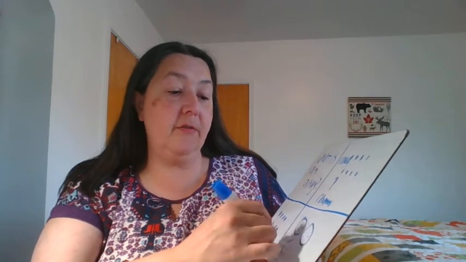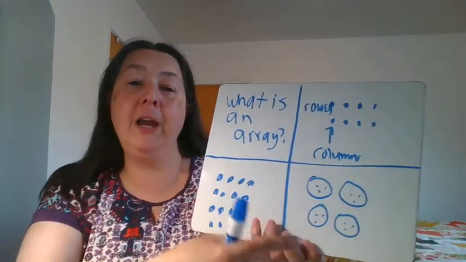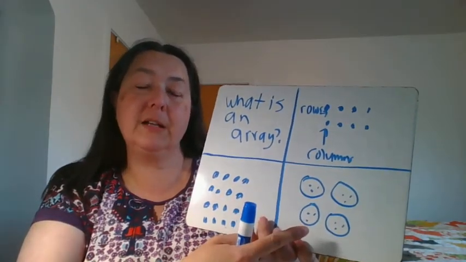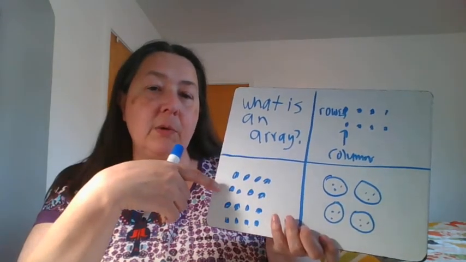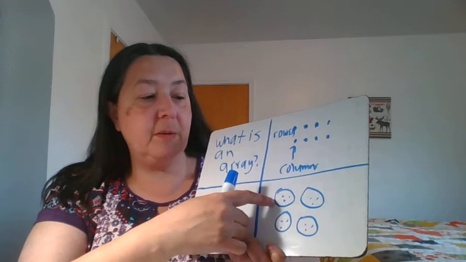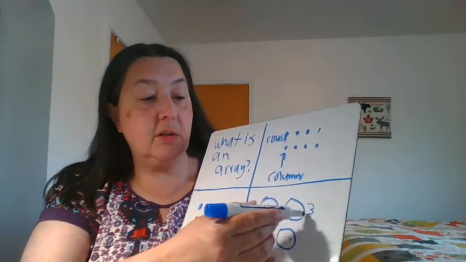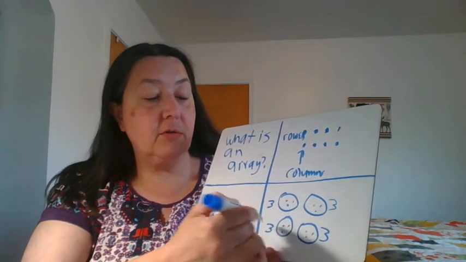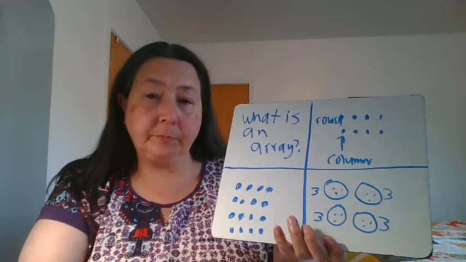Imagine that we have, these are cookies, and they have chocolate chips on top. That's a non-example of an array. It's kind of like an array, but they're not all lined up nice and neat like this one. But you could still figure out the math if you're trying to add the chocolate chips. 3 in this cookie, 3 in this cookie, 3 in this cookie, 3 in this cookie. So that's an example of a non-example.